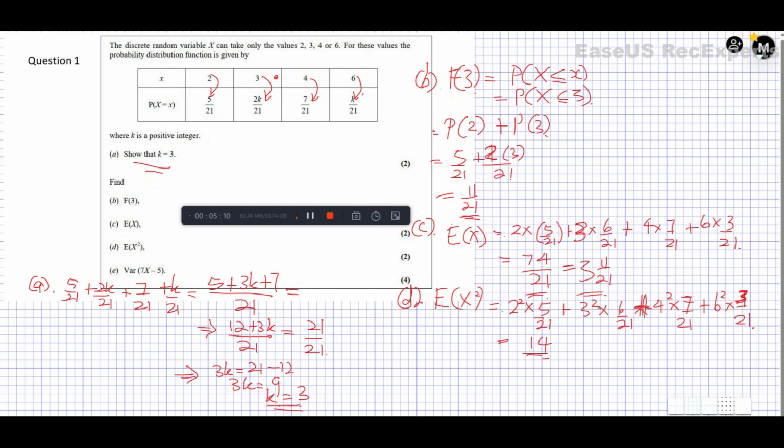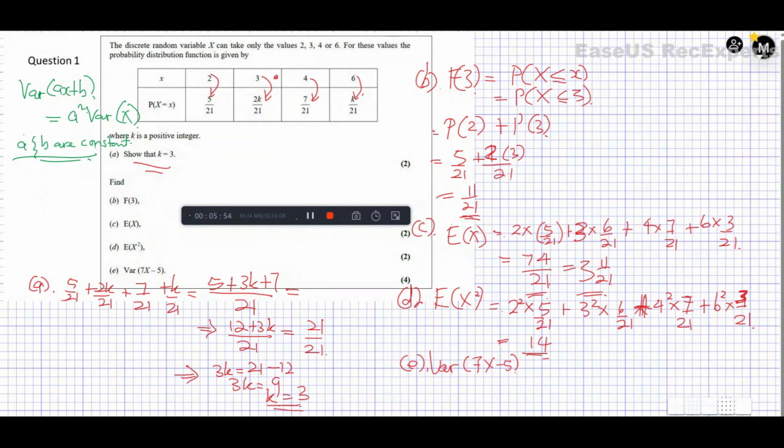Next for part E, variance of 7X minus 5. There's a formula. The variance of aX plus b is the same as a squared times the variance of X, where a and b are constants.